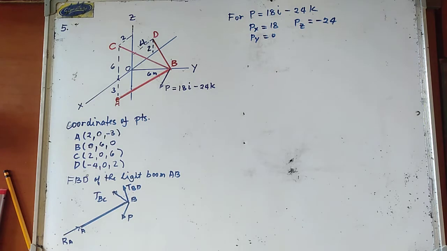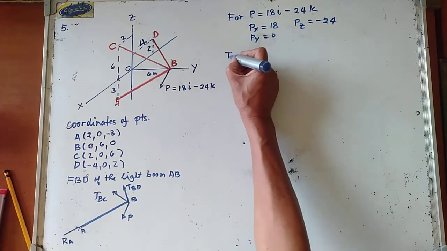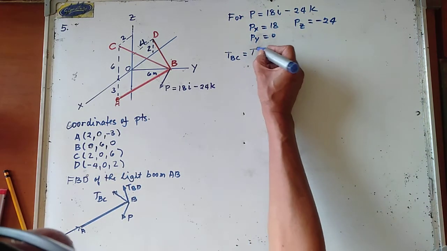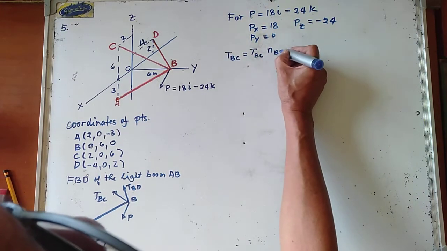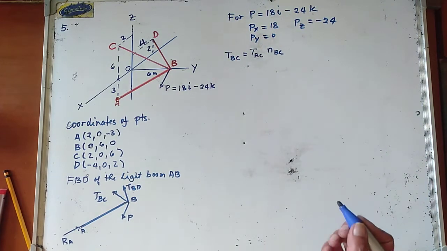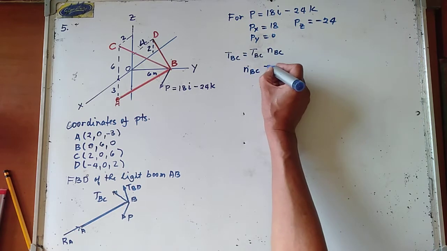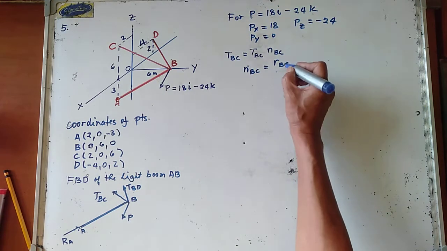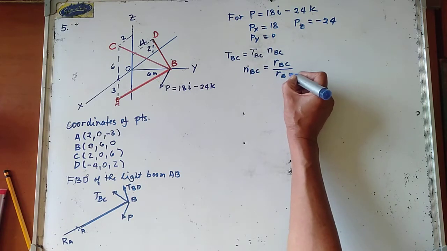Now, let's start with the tension in cable BC. Again, the tension in cable BC is equal to its magnitude multiplied by a unit vector in the direction BC. Your unit vector BC is a position vector in the direction from B to C all over its magnitude.